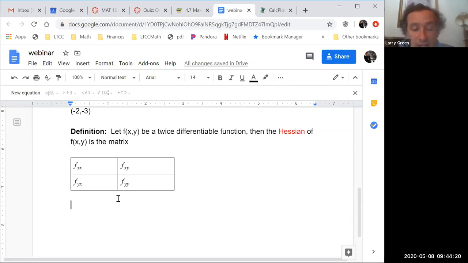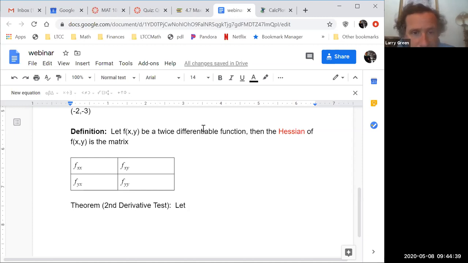Okay, now comes a theorem. And this is called the second derivative test. And it says the following.